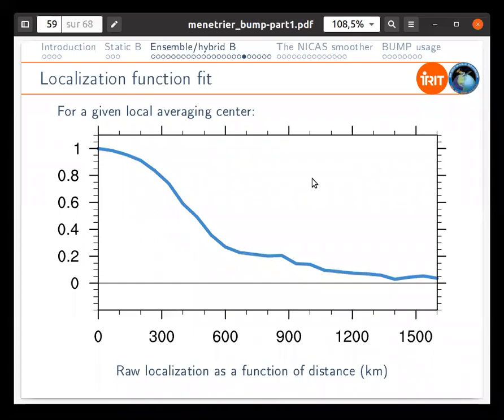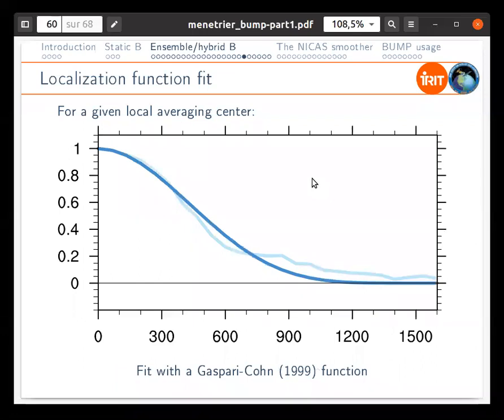So we are happy, but we're not sure it's positive definite, and it's not completely smooth. So we will first do a fit of this localization function. For that, we use the Gaspari and Cohn 99 function. It's a very widely used function in data assimilation.